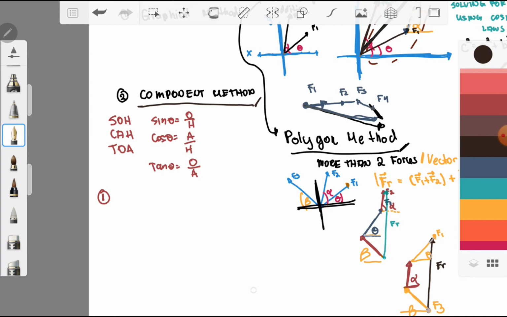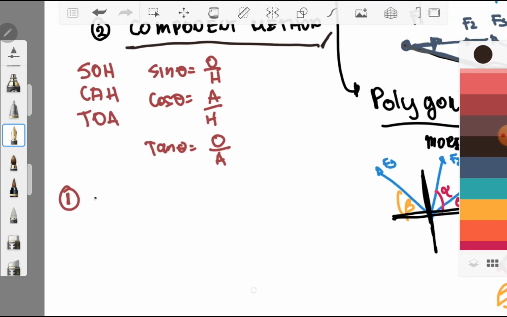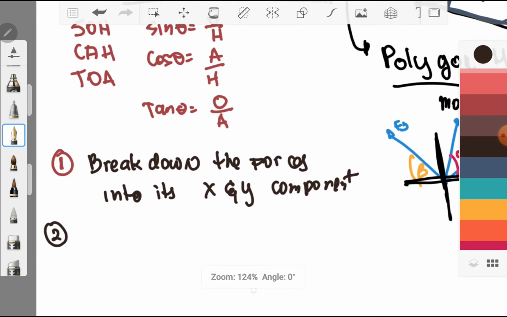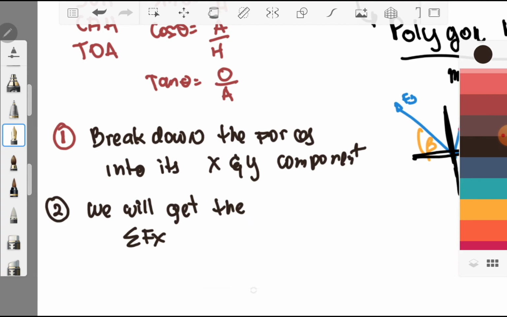The bottom line of your component method is, first, we will break down the forces into their x and y components, and second, we will get the summation of your x components and the summation of your y components.